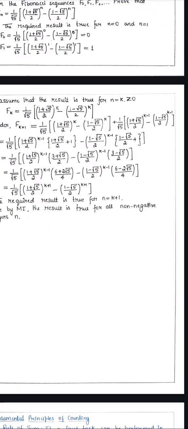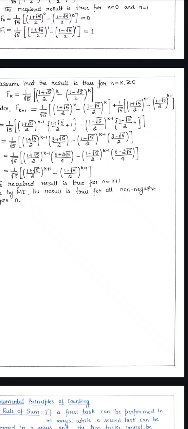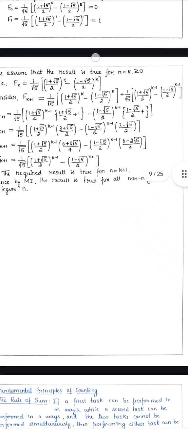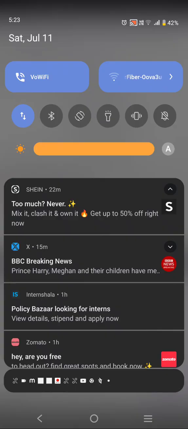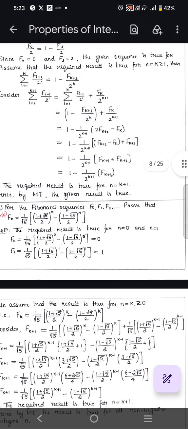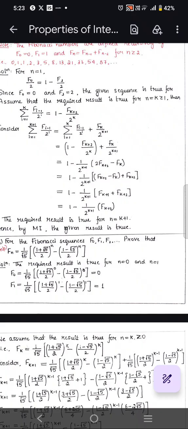Since k plus 1 is there, you have to add this. Everything is substituted by k, and then k minus 1 substituted by k minus 1. Even here you will find the same variety, that is the first one is everything substituted by k, whatever they have given in the question. In the same way, everything substituted by k, then for k minus 1, that is k plus 1 minus 1, is k only.